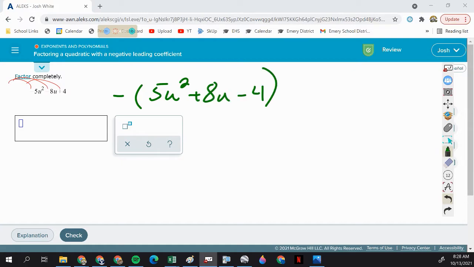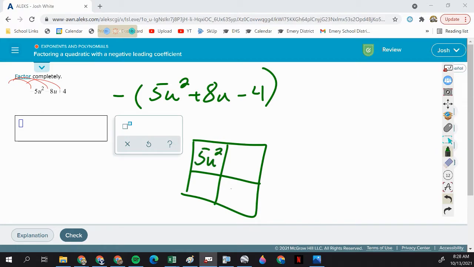And then I have to factor this one using the box or whatever other method you guys know. 5 times negative 4 would be negative 20. Can we use the factors of negative 20 to create an 8? That would be 10u and negative 2u.